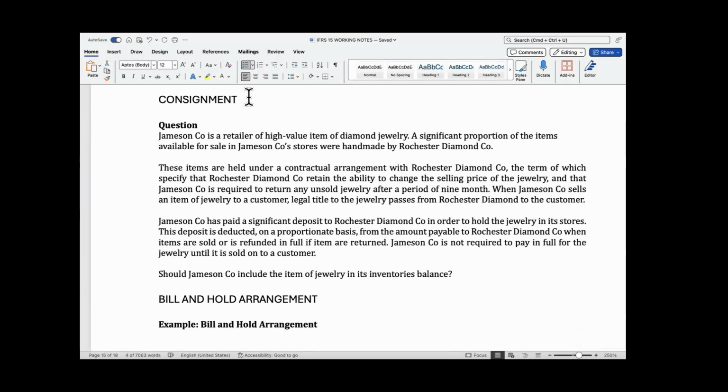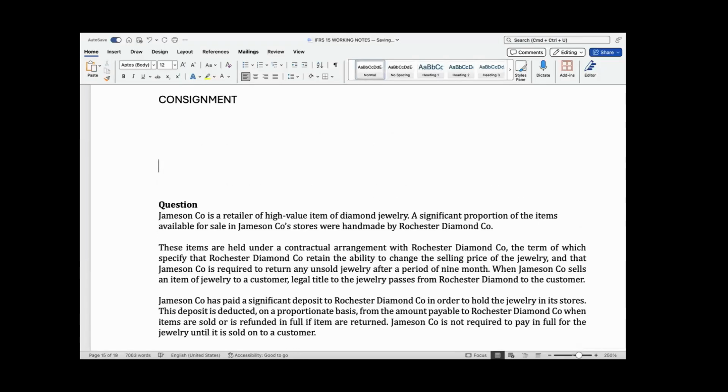So consignment is quite easy. A consignment is where a supplier sends goods to another party to sell on his behalf.